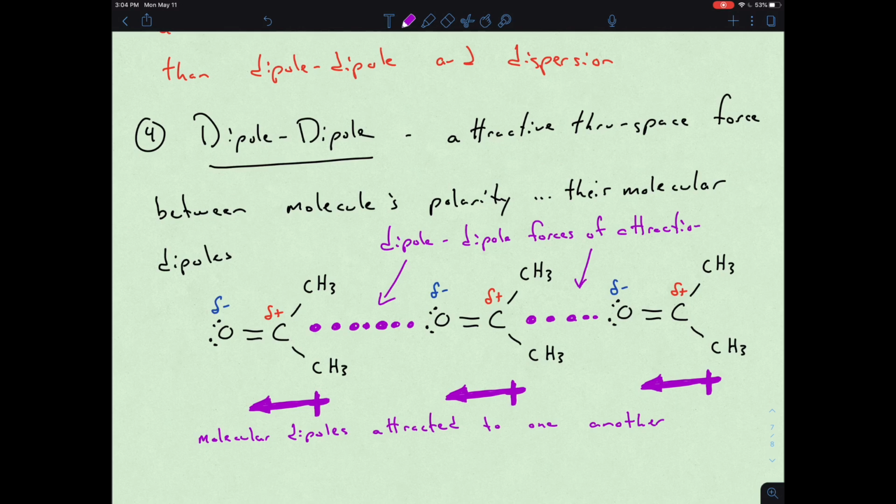Right, and so that's what creates that force of attraction, that permanent dipole that we have between the carbon and oxygen, creating now a molecule that is polar, that they're attracted to one another in that regard.